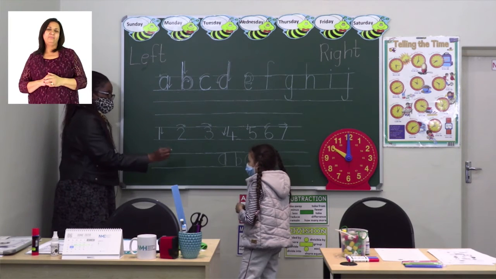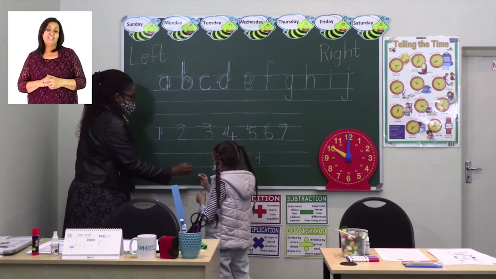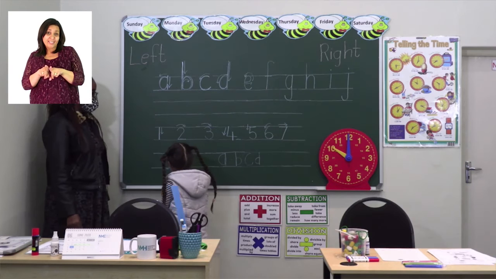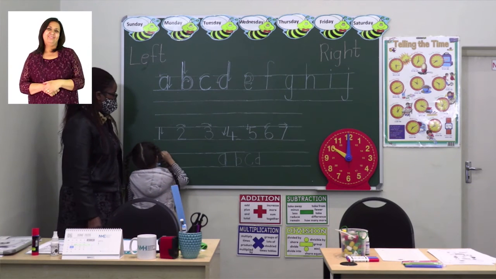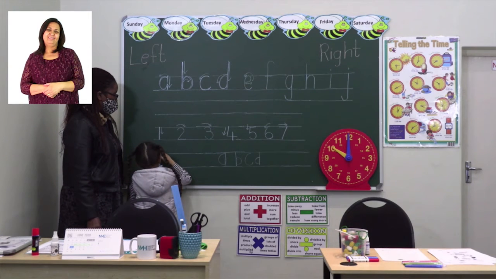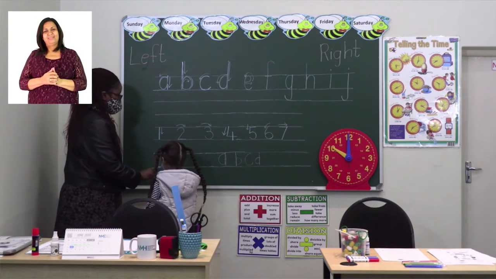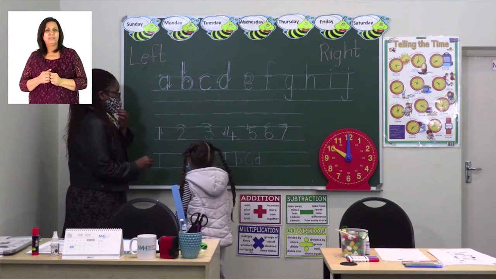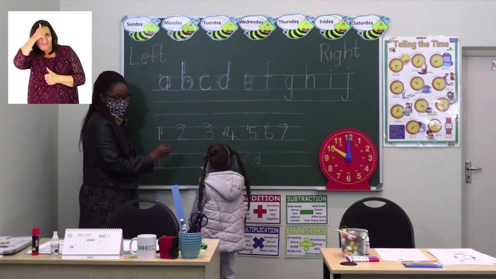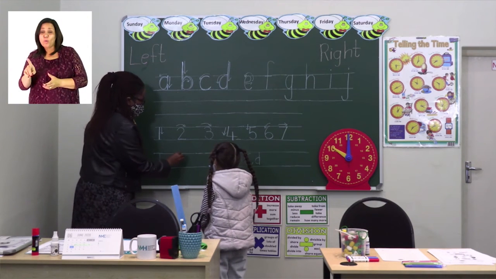That's how we write number 1. My friend is also going to demonstrate how to write her number 1. Well done. My friend has done it very well. I hope you too are doing the same in your booklet.